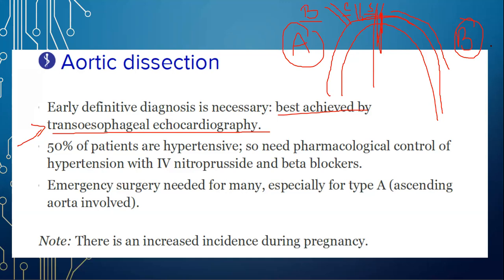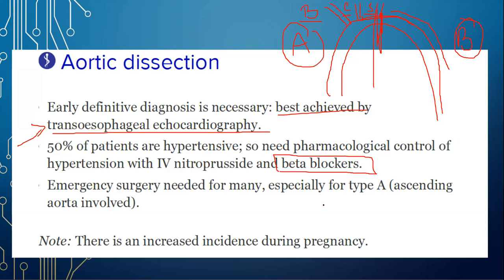What is the medical management you do? You control the blood pressure. How to control blood pressure in aortic dissection? The initial medication that you should start with is the beta blocker. Never choose IV nitroprusside as a first line because it can cause a sudden drop of blood pressure and the patient can get hypotensive, and it will be very hard to normalize the blood pressure if it drops severely in this patient.